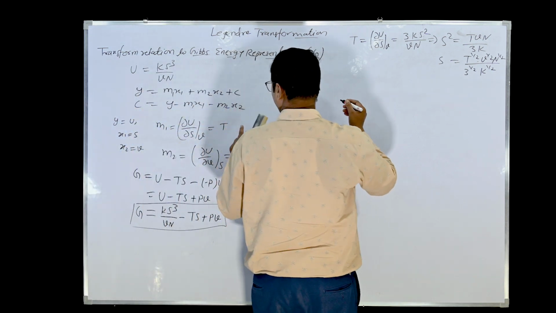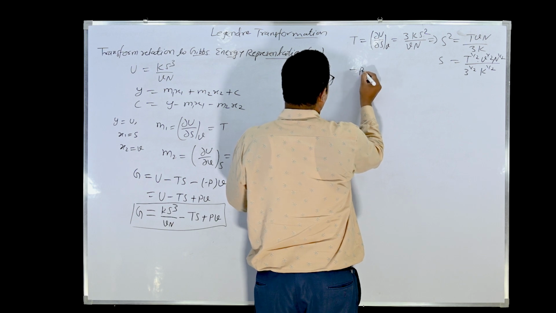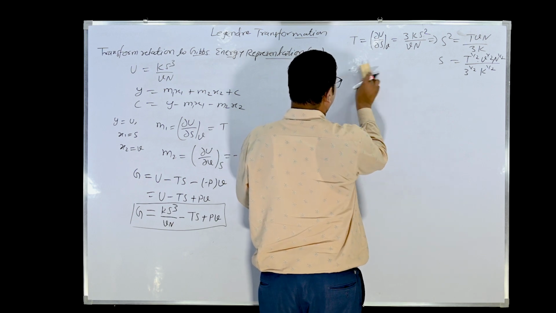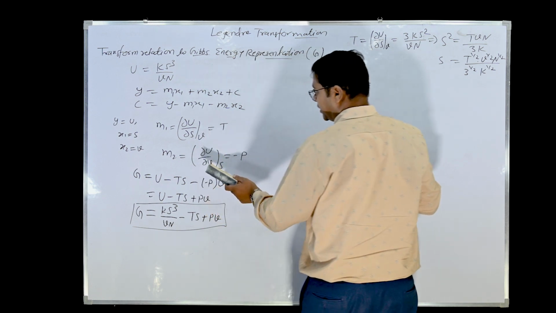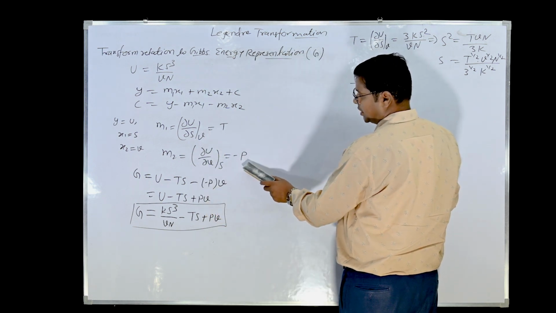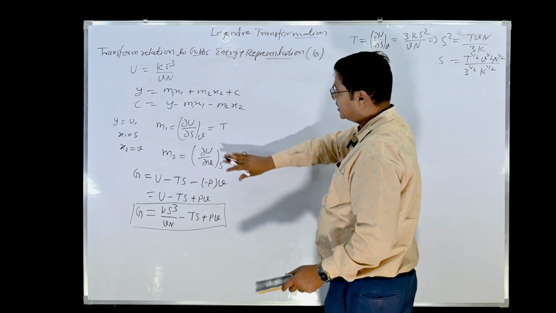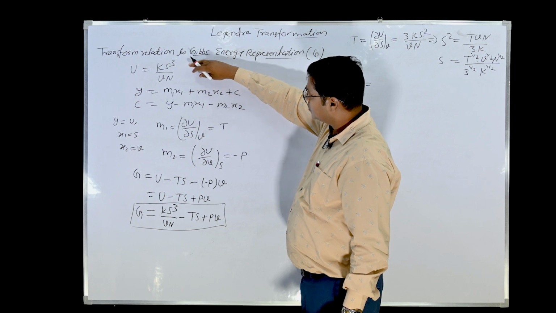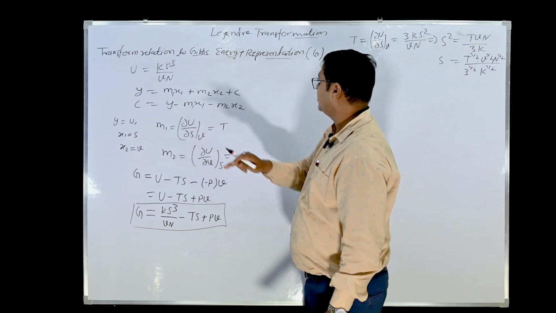Similarly, we know that from this equation, minus P is equal to dou U by dou V at constant S. So differentiating this relation, keeping K, S and N constant, V will be differentiated.